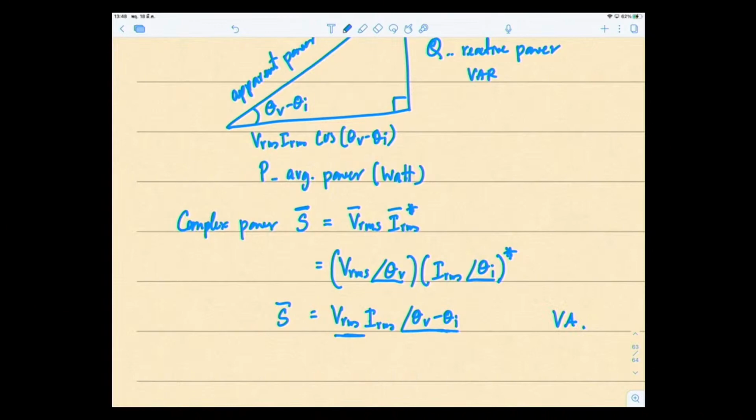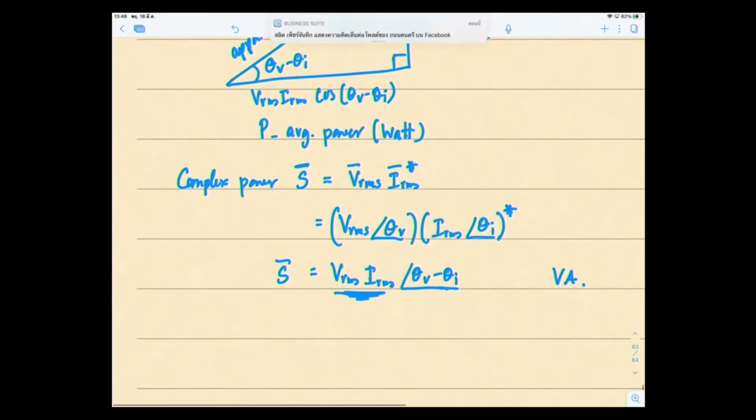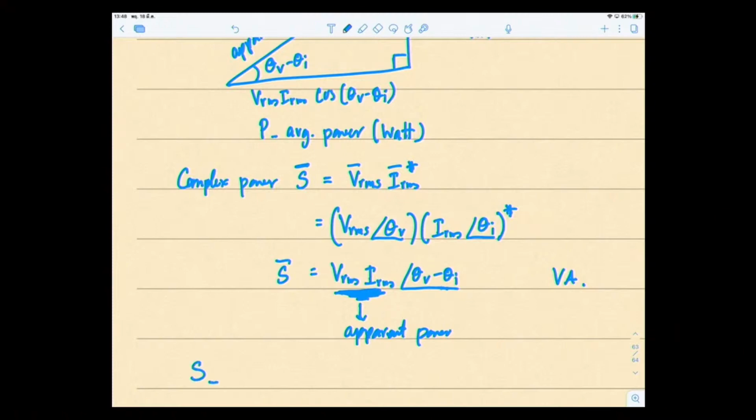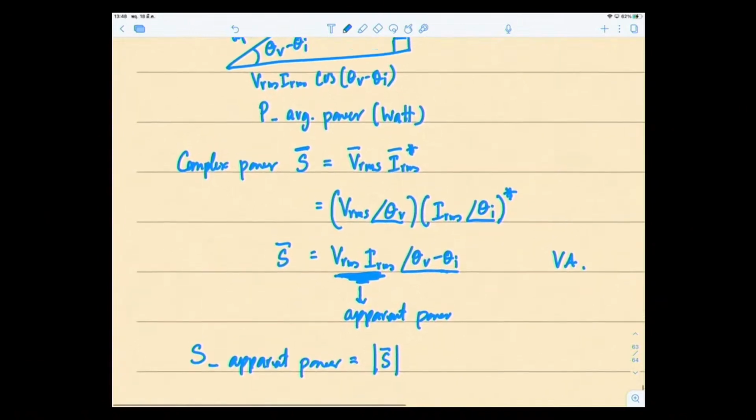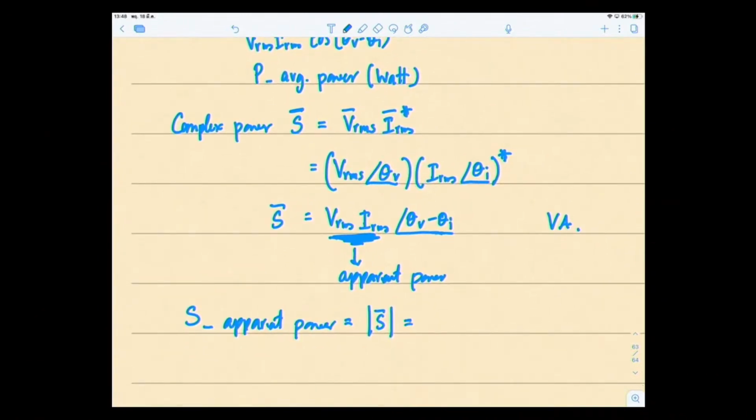These two terms are in magnitude form, not phase. This is the magnitude of VRMS and IRMS multiplied together, and this is your apparent power S. Apparent power is the magnitude of your complex power, simply the multiplication of the amplitude of VRMS and the amplitude of IRMS. See, there's a difference between when I have a bar on top and no bar.